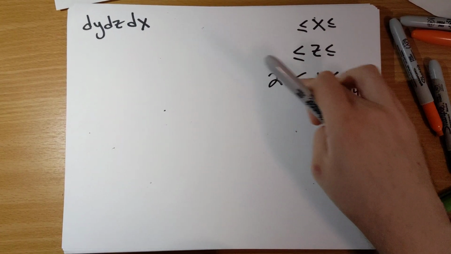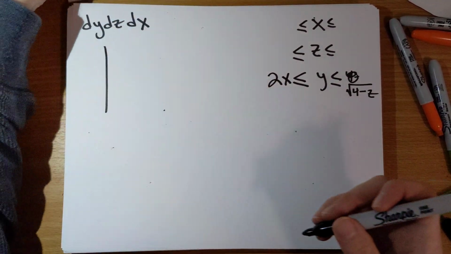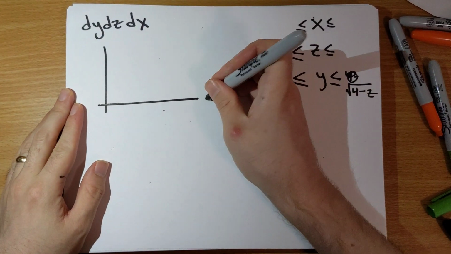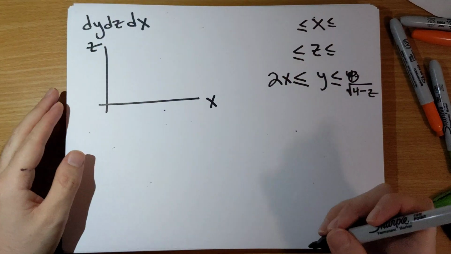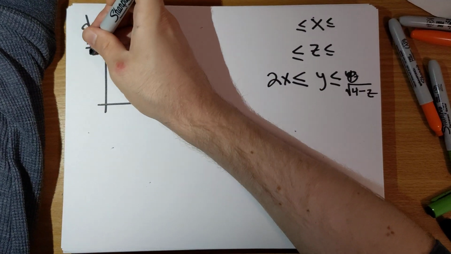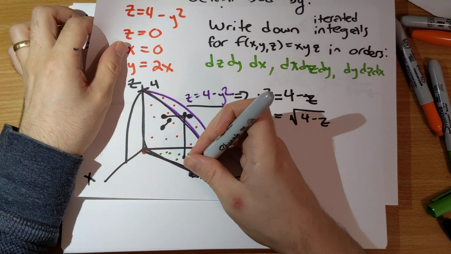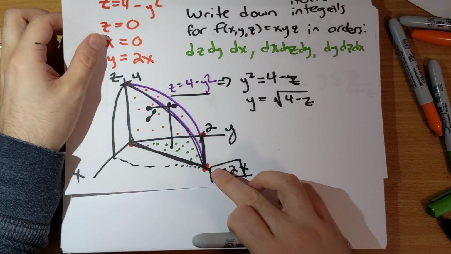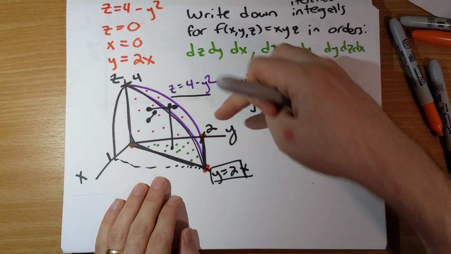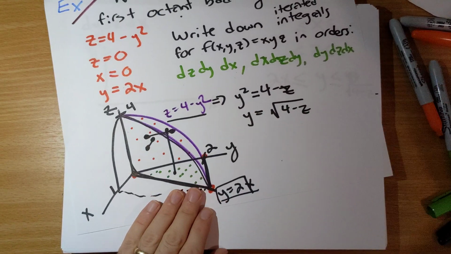Okay, so we have the y bounds. Now we need to think about this picture in the xz plane. What is going on here? So first thing, the biggest z can be is 4. So let's make a mark there. And then the biggest x can be here is 1, because y is 2x, and y is 2, so that corresponds to x equal to 1.